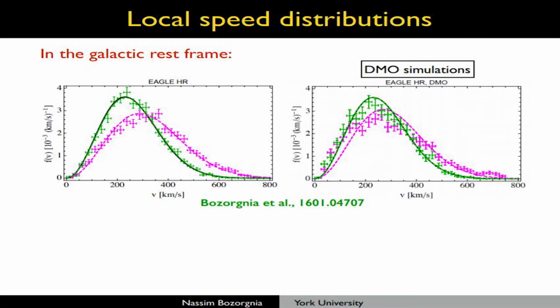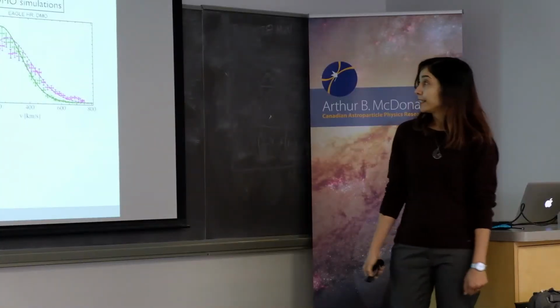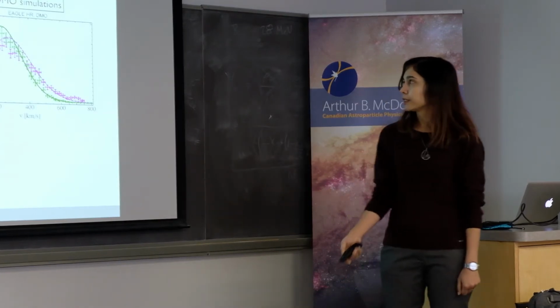So taking the Maxwellian and finding the best fit with a free peak speed or free dispersion, and seeing which one fits better. And this black curve is just the standard halo model. So a standard halo model with this specific peak speed, 220 kilometers per second, matches one of the halos well, but there are different halos which have different velocity distributions. But they fit quite well to a Maxwellian distribution.